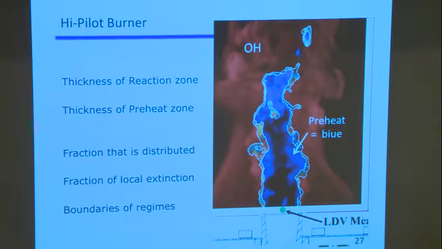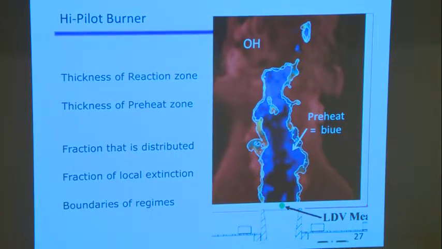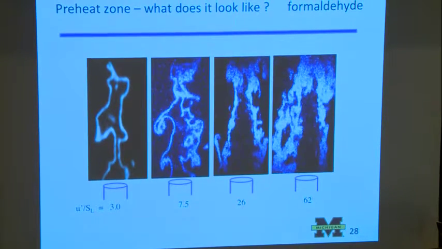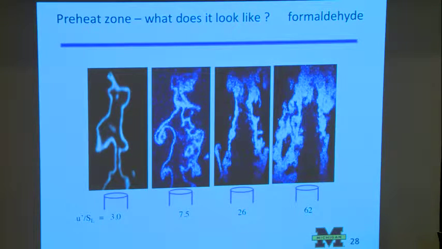And so the students working with me have taken thousands of these types of images and have analyzed them. And if you just look at the preheat zone, this is the formaldehyde. This is the picture you get. As you go up in turbulence level, it becomes very strange.